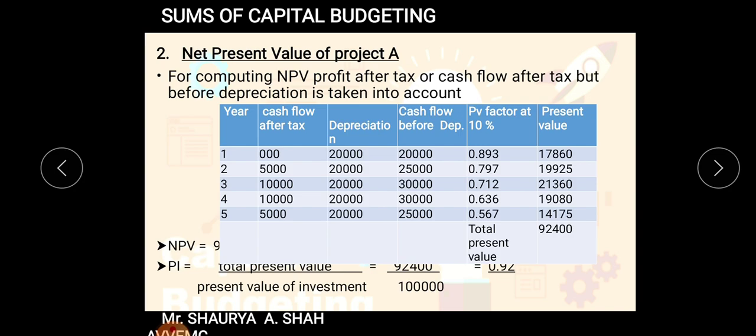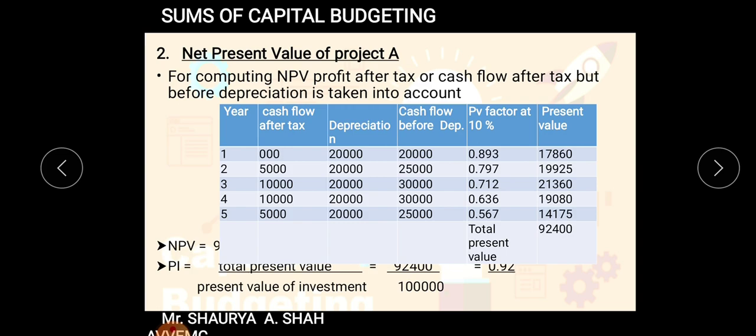So now, the total of the present value, that is 92,400, I am getting here. What is my initial investment? My initial investment is 1 lakh, students, right? So what will be my NPV? My NPV will be 1 lakh minus 92,400. If I do that, I'll get the answer of 7,600 negative, right?